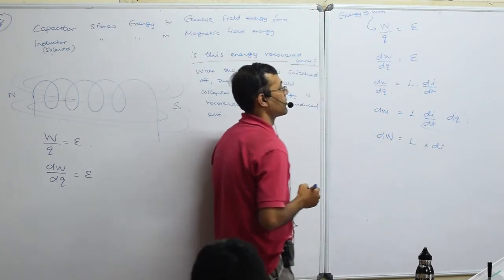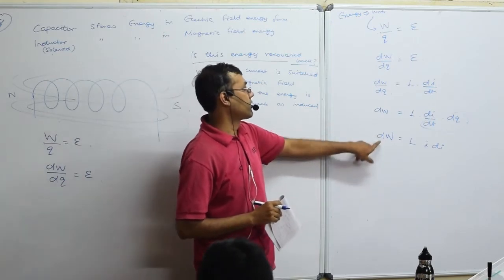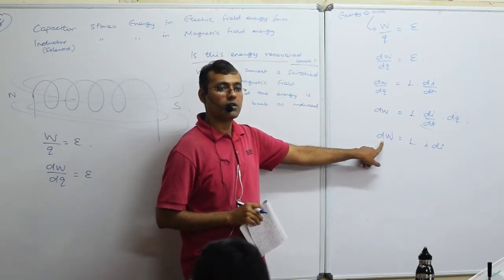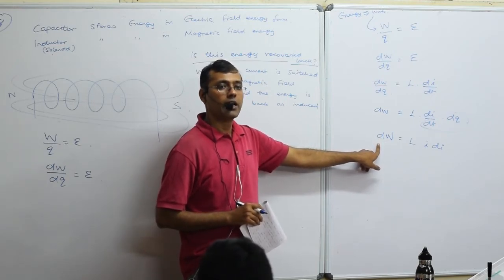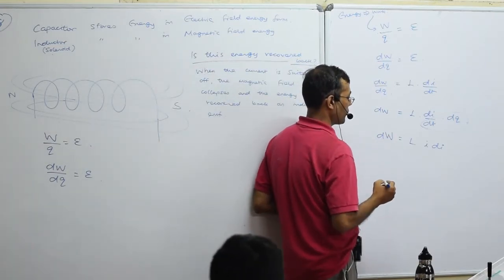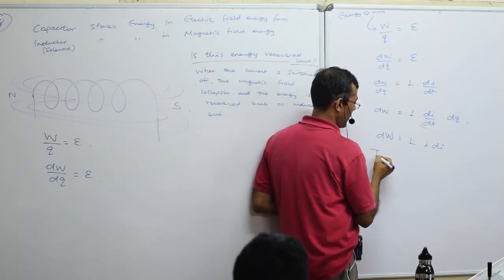Look at this. I told you work is related to energy, but this is only a small amount of work, right? If I want the total work, I should integrate it on both sides.